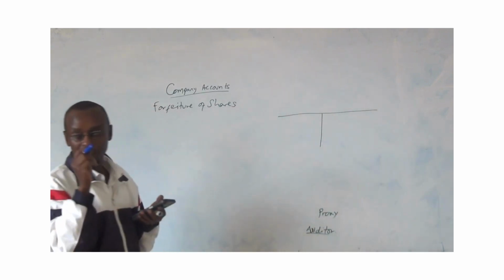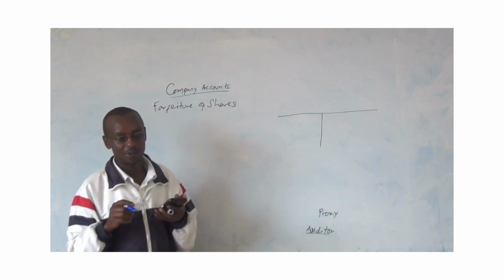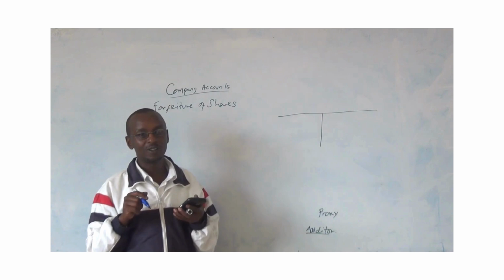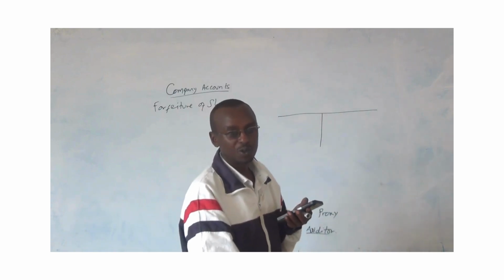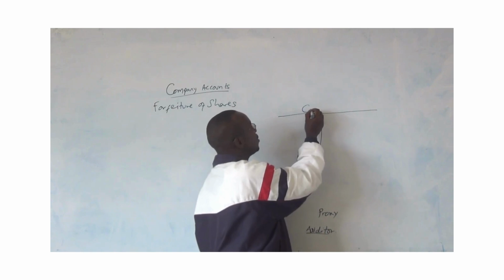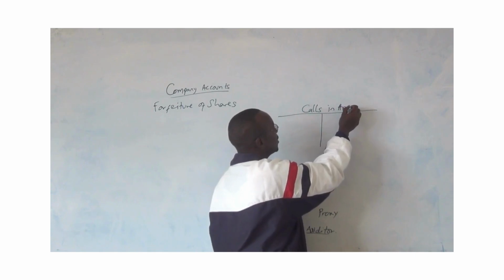The due date for the call was 30th April. Then that person failed to pay for that call. First call. Then a second call in June. He failed again, so his money had to be held as calls in arrears account.